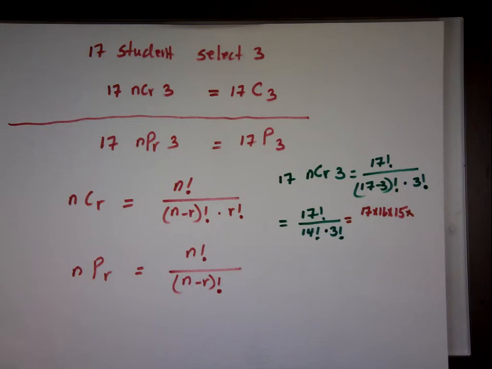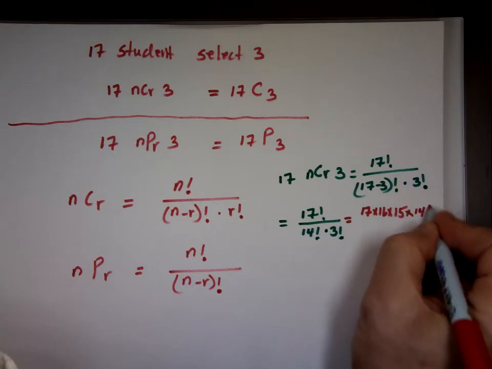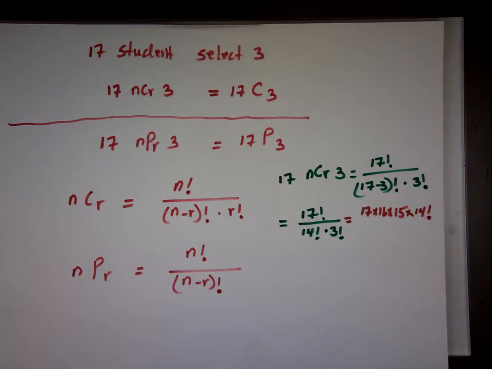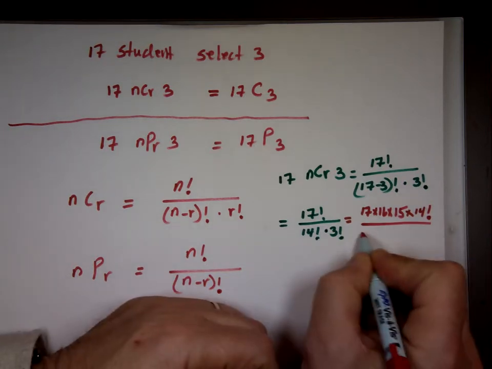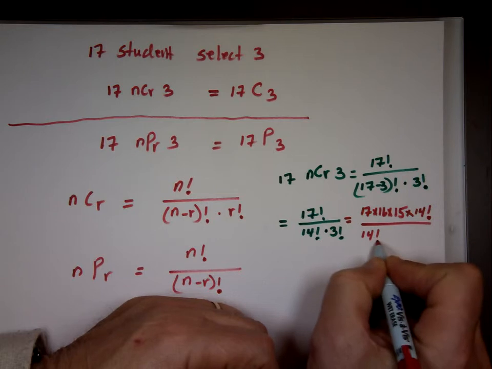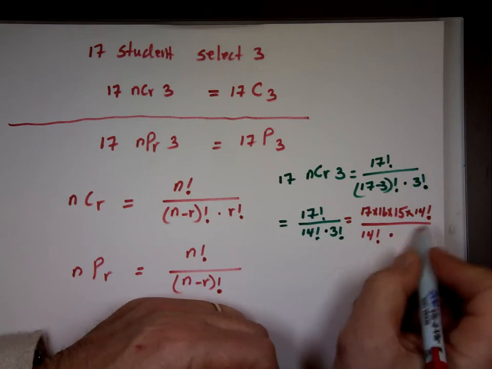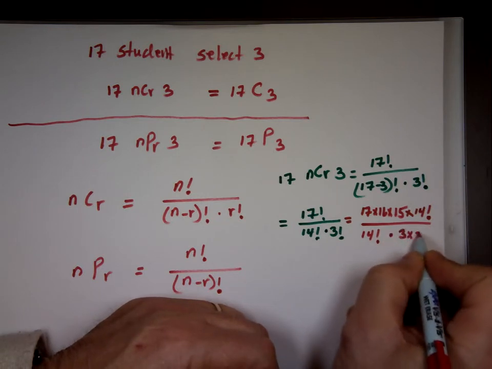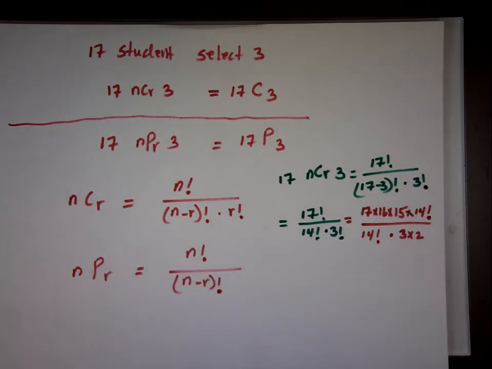Isn't that 14 factorial? So instead of listing all the numbers and going crazy, I'm multiplying by 14 factorial after that, and I can make my life easier. There's the 14 factorial. What's 3 factorial? That's 3 times 2 times 1. I don't need the 1. So now this cancels that.